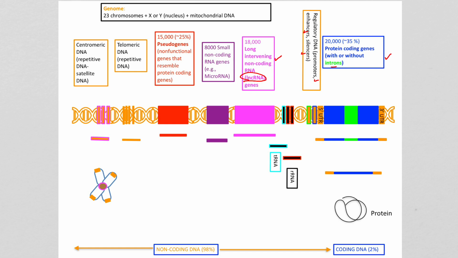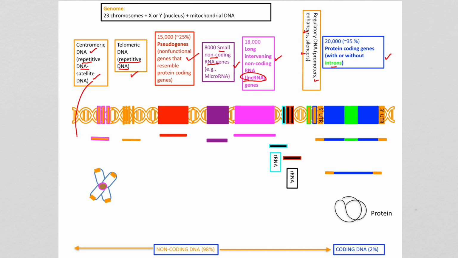Then we also have small non-coding RNA genes. And then we have what we call pseudogenes. These are non-functional genes that resemble protein coding genes. And then there is telomeric DNA, which is repetitive DNA. And then centromeric DNA, which is also repetitive DNA, also called satellite DNA.